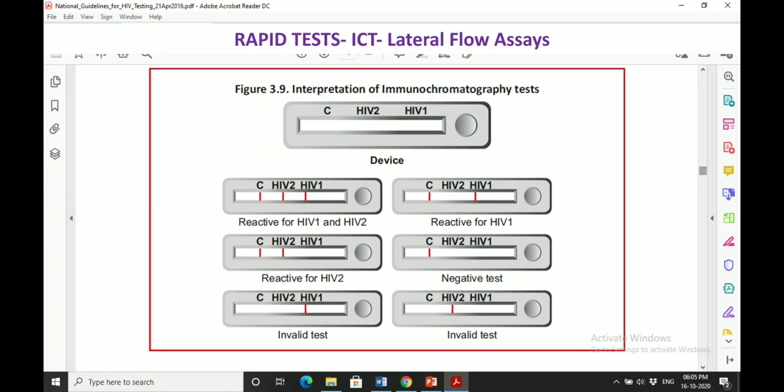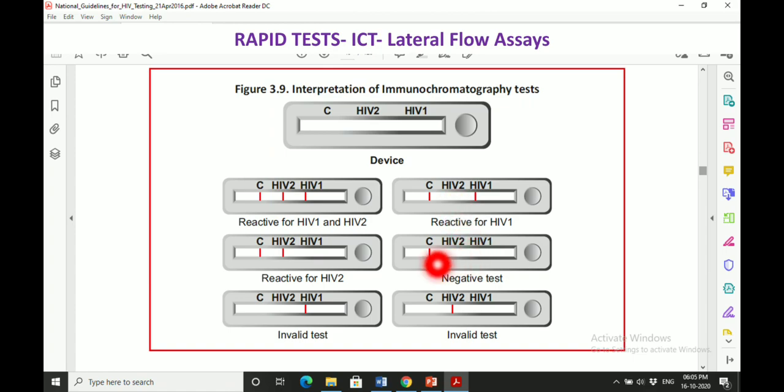So a positive result is one where, in addition to the control band C, you will get a test band, which appears either in the region for HIV-1 or in the region of HIV-2. Sometimes, like in the dot blot assay, you will get a patient where both HIV-1 and 2 bands appear.